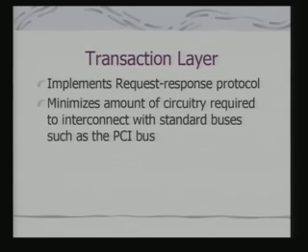So, the transaction layer implements what is called a request response protocol. That means on the basis of the request, how the devices will send the data, and that request response protocol is the job of the transaction layer.